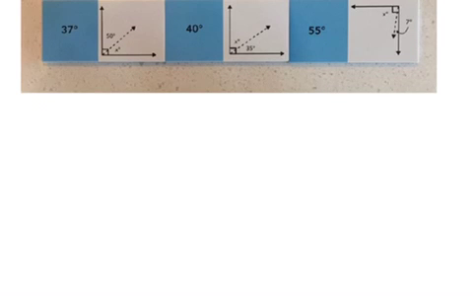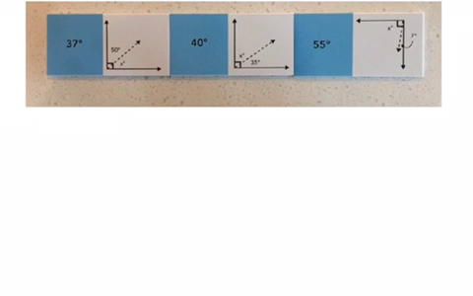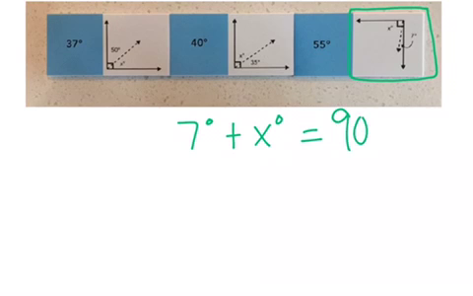Let's take a look at our last domino. What do we notice? I notice that it's another 90-degree angle. So I know that I have 7 degrees, and then I have my unknown degree, which is the same as our 90 degrees.